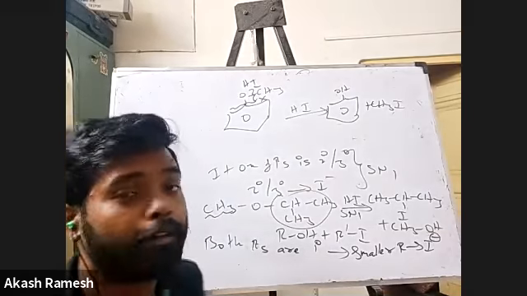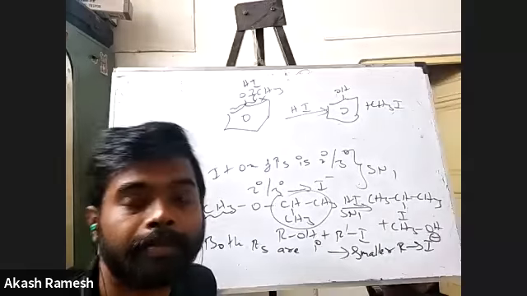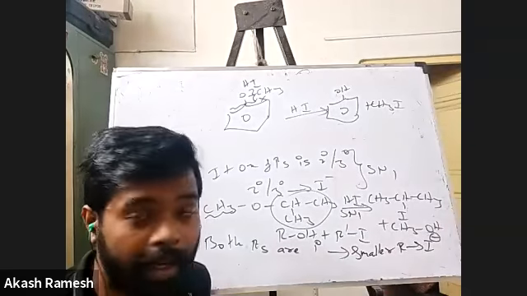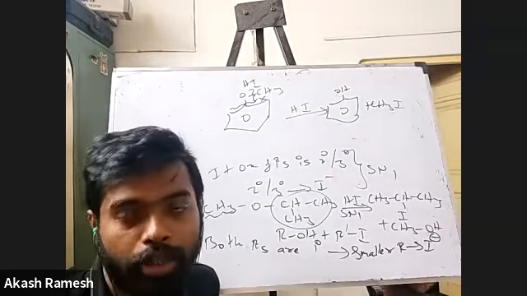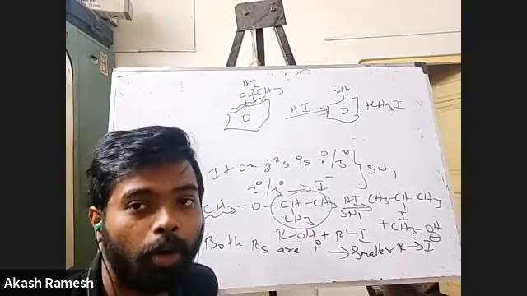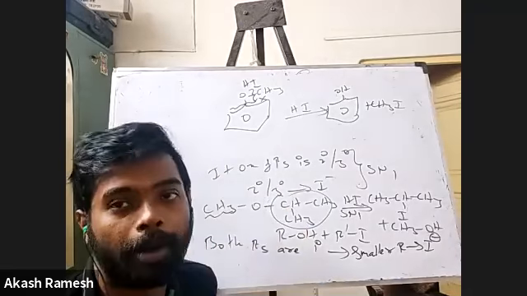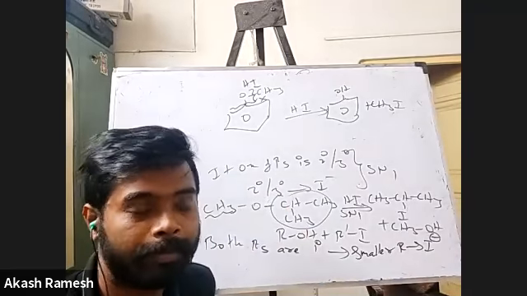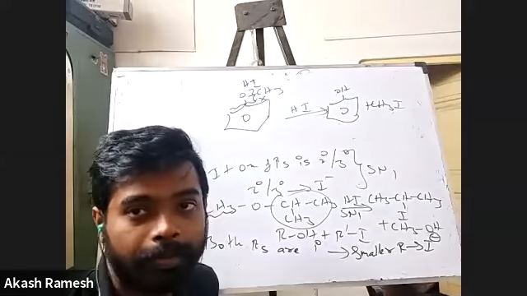And lastly, if one of the alkyl groups is an aryl group, the aryl gets the OH. Phenol will always be a product, because you will not be able to break that C-O bond in the benzene ring. So these three are the cases.